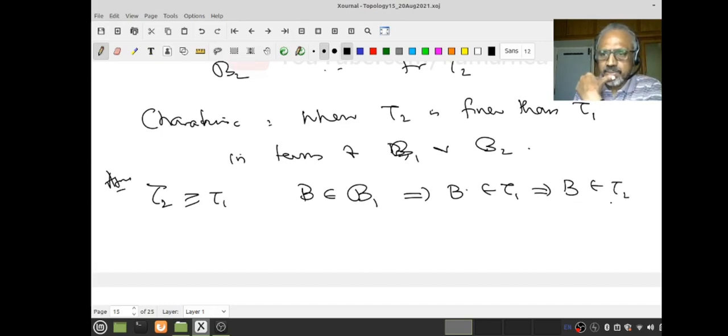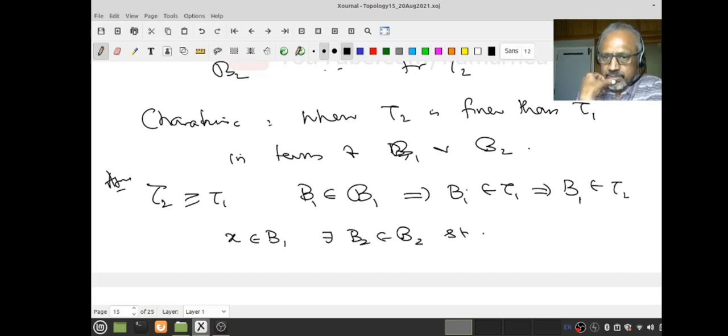Now since B is in tau 2, if you give me any x in B, there exists a B2 in the basis B2 so that x belongs to B2 and B2 is contained in B. Have you understood?